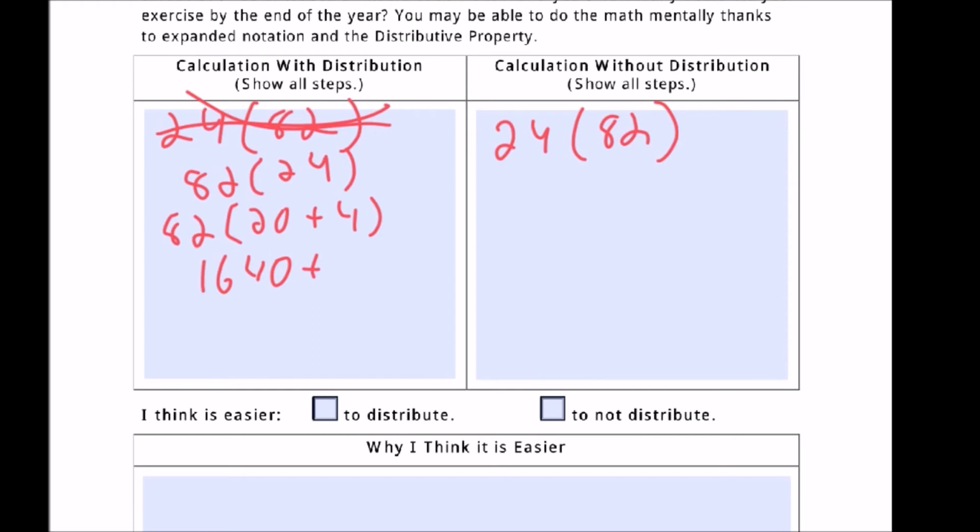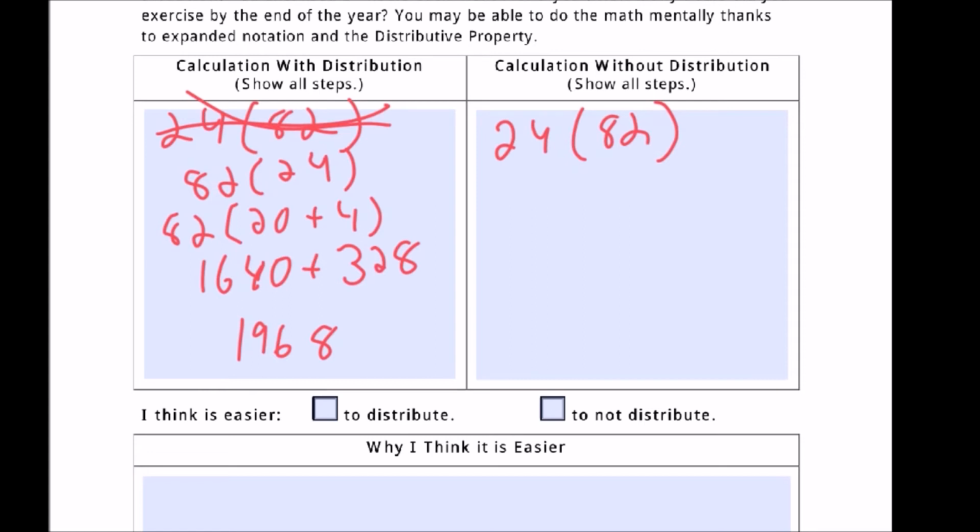This is why they're saying you could do mental math. That's how I rewrote this, to help me do mental math. So 164 doubled would be 328. Now I can add that together: 1968.